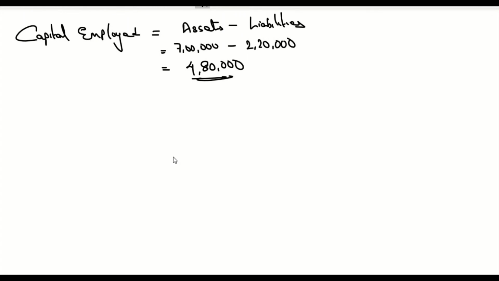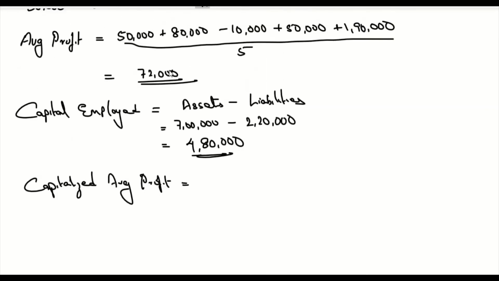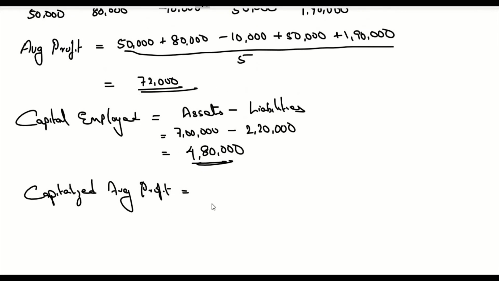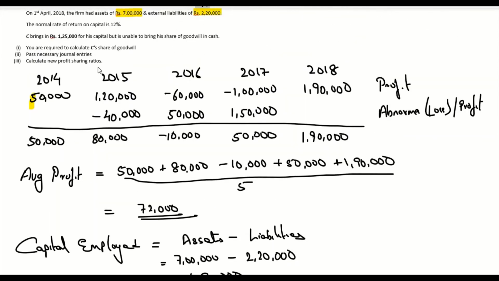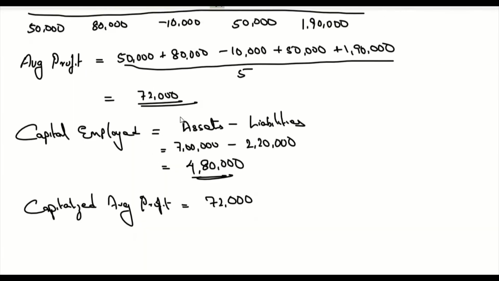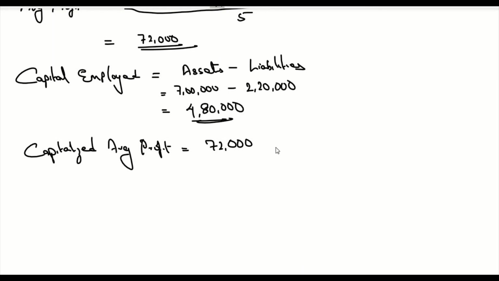Now we need to find the capitalized average profit. So we already calculated our average profit, which is 72,000. The normal return on capital is 12%. So if you want to capitalize the average profit, it is 72,000 multiplied by 100 by 12.